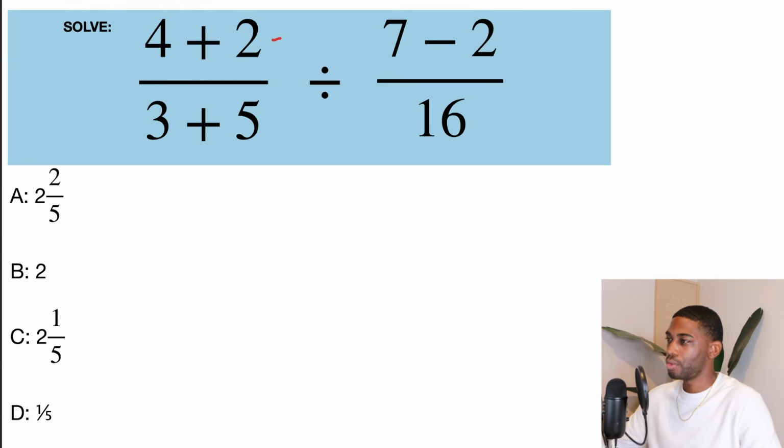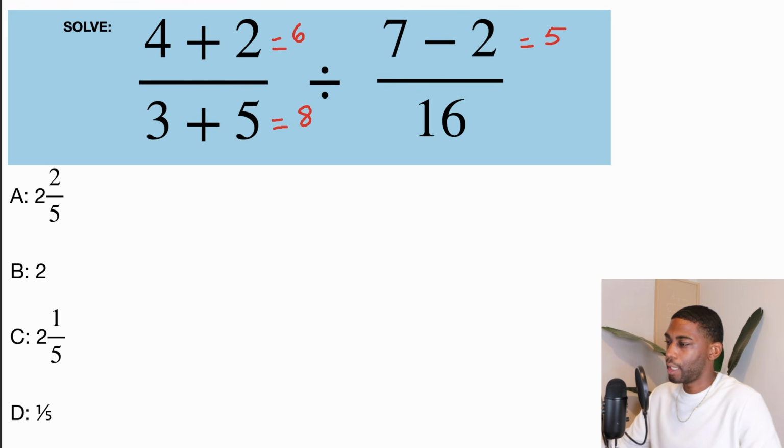4 plus 2 is 6. Let's go to the denominator. 3 plus 5 is 8. This 16 stays itself. And then on top we have 7 minus 2 equals 5. 16 remains the same.